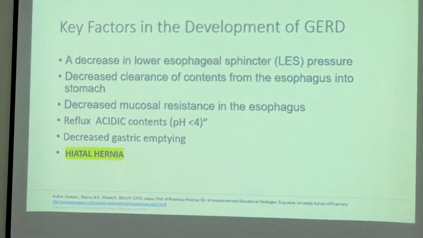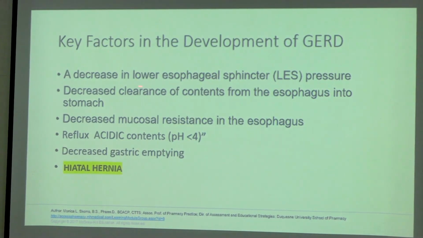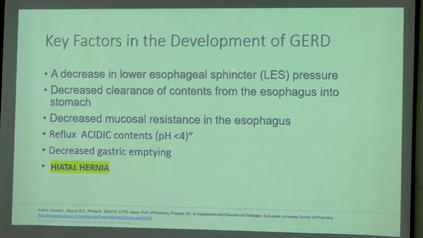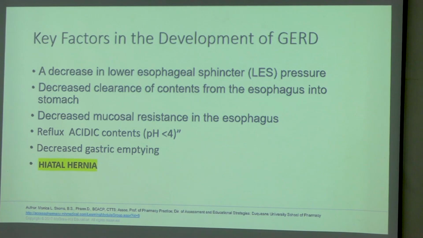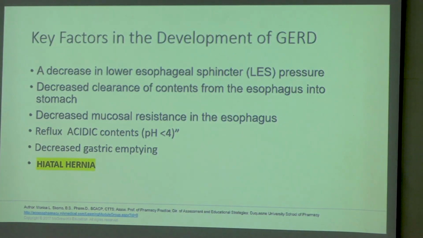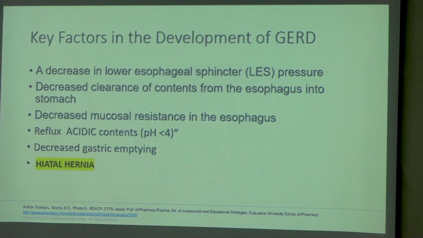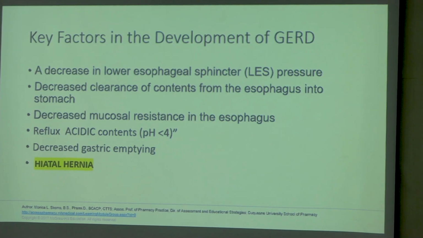And the key factors. One I said is the lower esophageal sphincter pressure. Malfunctioning means it is not tightly closed, when it should remain tightly closed. So it remains open, and while the stomach contracts, contents come out.